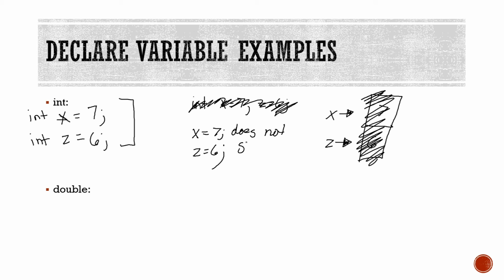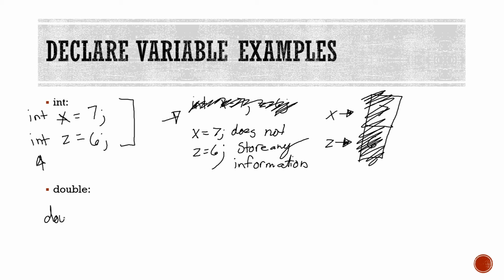It does not store any information, because it has no place in memory. We do this step right here to allocate some space so we can store some data in that spot.